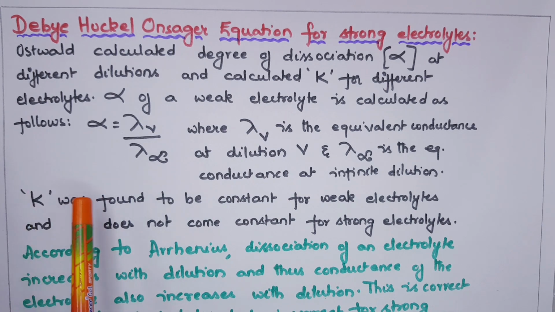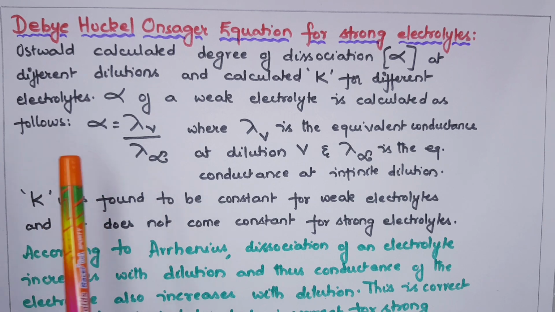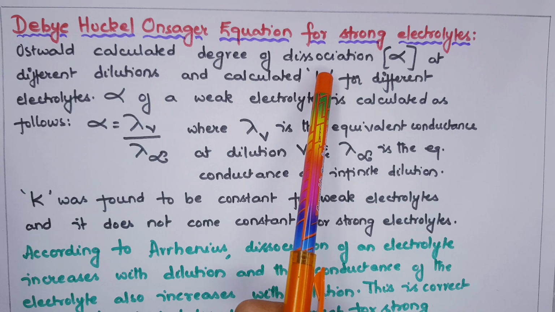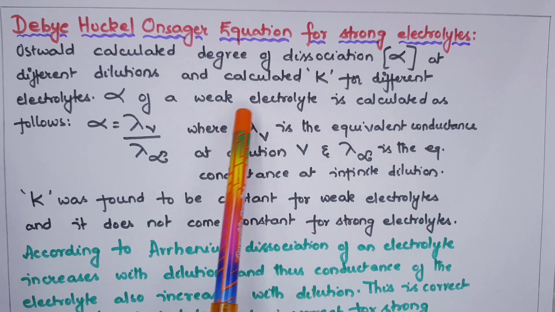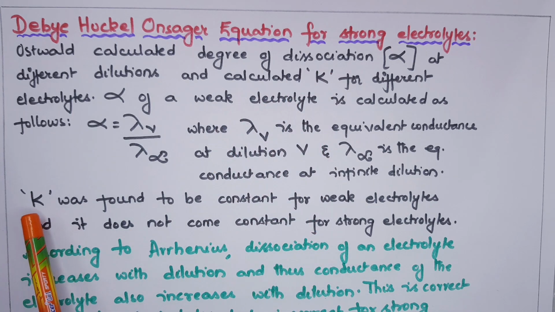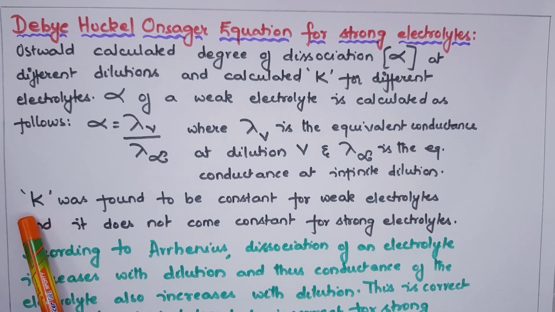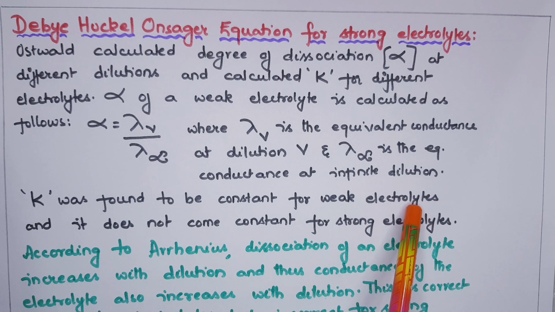So what did he try to understand by calculating the degree of dissociation and K for weak electrolytes? It was found that K was constant for weak electrolytes. That means at any dilution he is getting the same value for different electrolytes at different dilutions. So the K value was found to be constant for weak electrolytes, students.